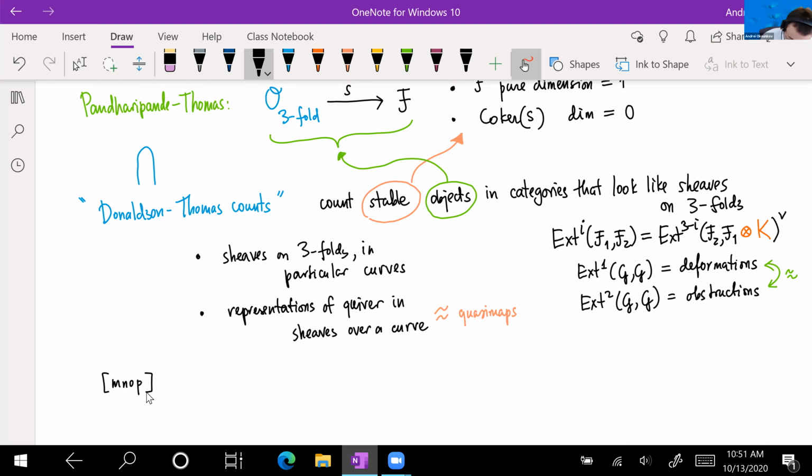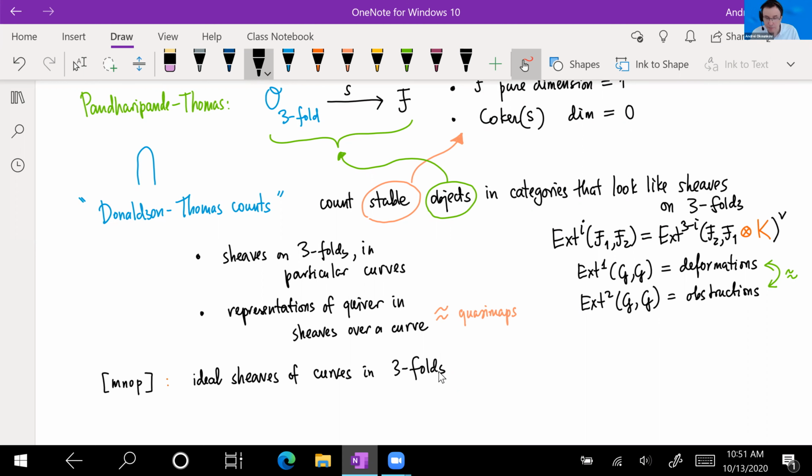We focused on the situation just before this. This was before Pandharipande-Thomas. This was really ideal sheaves, of course, in threefolds.